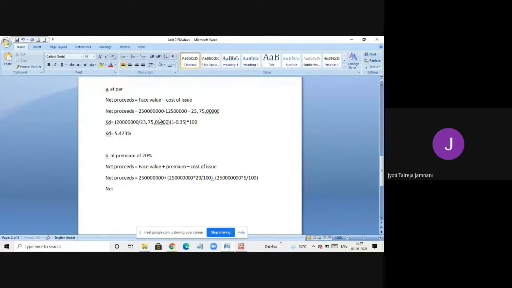So we'll see. 20% of 25 crores, 5 crores, ma'am. 5 crores. So 25 crores plus 5 crores, we get it as 30 crores. 30 crores minus 1 crore 25 lakh we have to do. Minus 1 crore 25 lakhs. 28 crores 75 lakhs you will get as net proceeds.